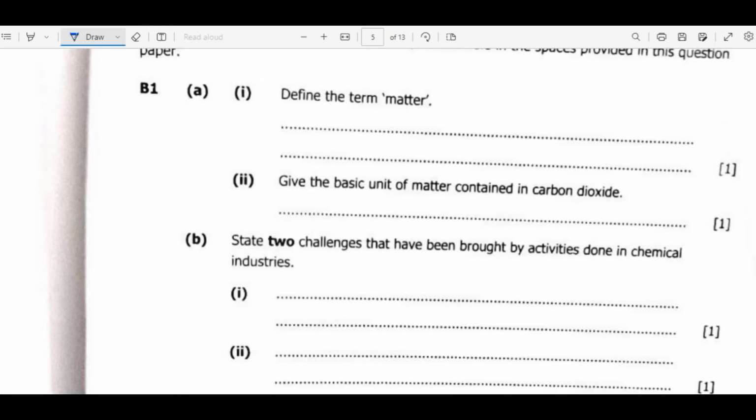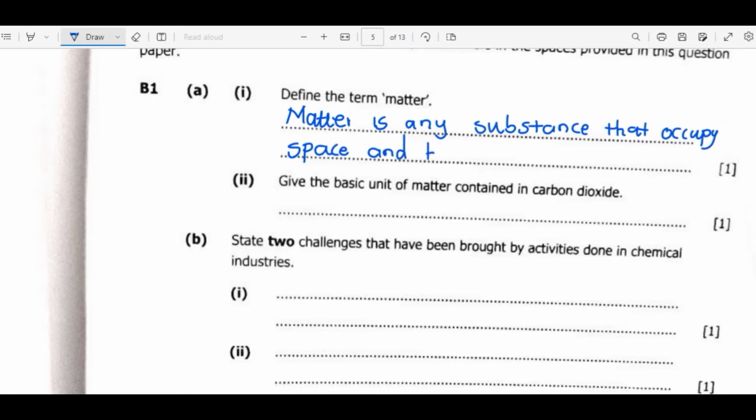Question B1A, Roman number 1, define the term matter. So we just have to give the definition of matter. Matter is any substance that occupies space and has mass.